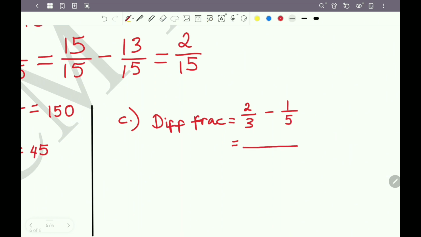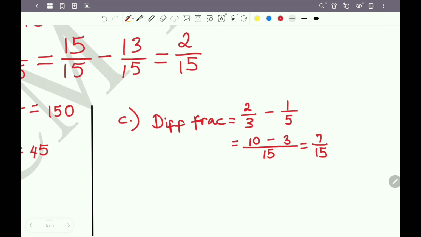We'll find the common denominator again, which is 15. Now from part A, we actually know that 2/3 is 10 over 15 and 1/5 is 3 over 15. So we'll have 10 minus 3, which is 7 over 15.